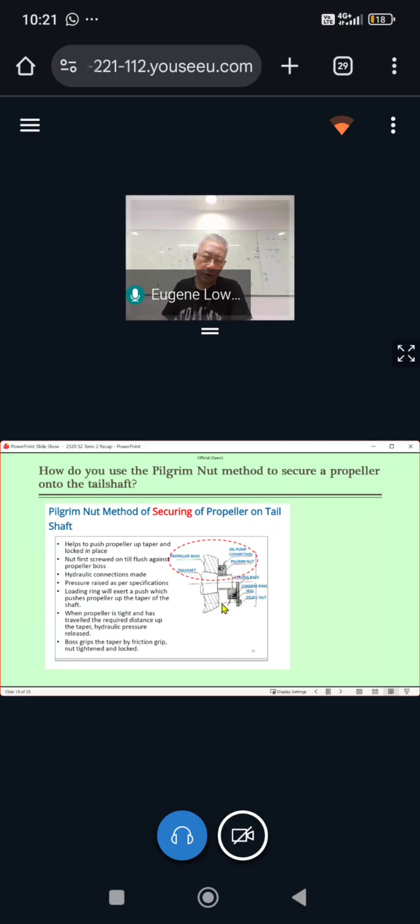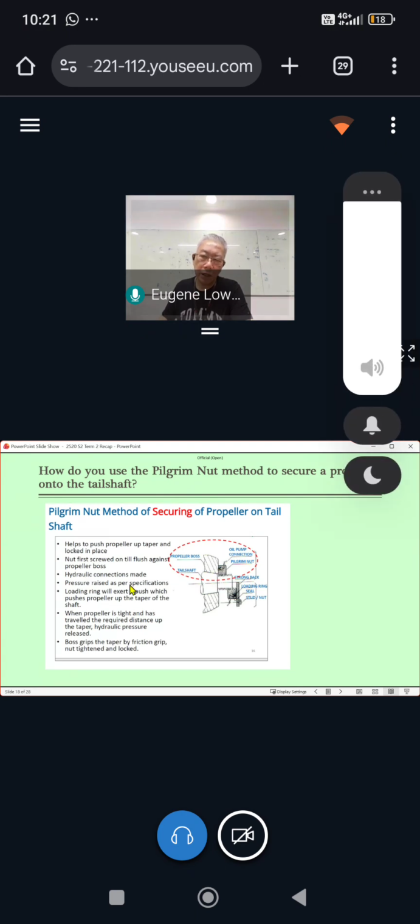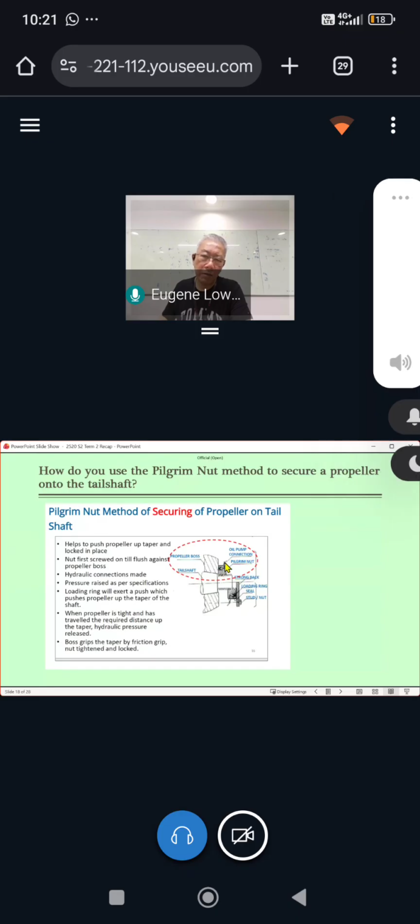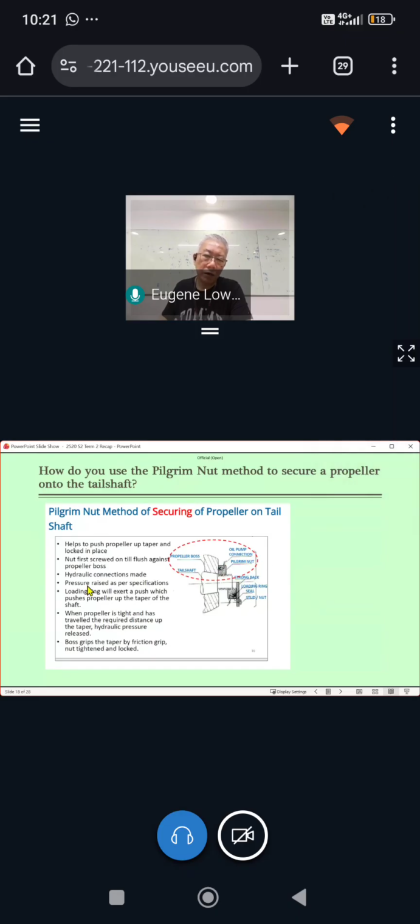Okay, so first, the nut is screwed on to flush against the propeller boss, the vertical surface of the propeller boss. Hydraulic connections are made. You connect a hydraulic line here to the hydraulic pump, and the pressure of the hydraulic oil is raised according to the specification given by the propeller manufacturer, right?